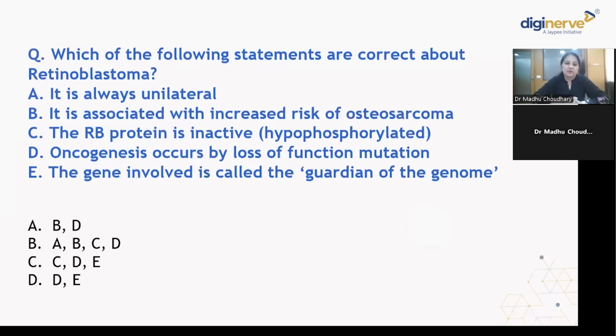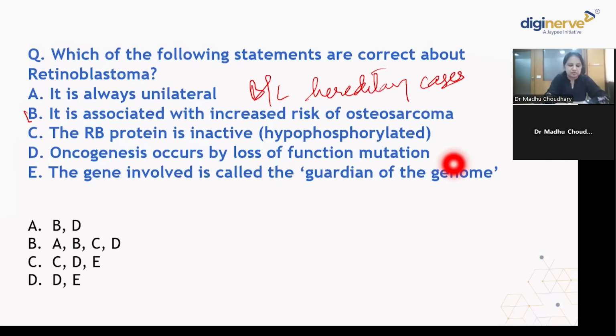Which of the following statements are correct about retinoblastoma? Now they've asked us about the correct statement. It is always unilateral. No, this is false. It could be bilateral in hereditary cases. It is associated with increased risk of osteosarcoma. Yes, it is a true statement.